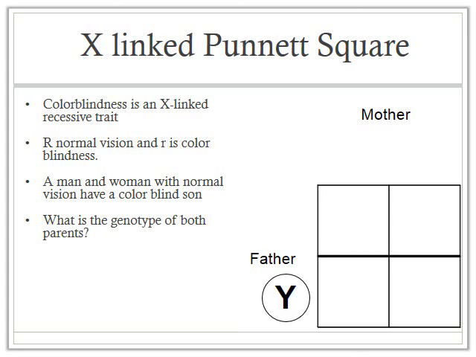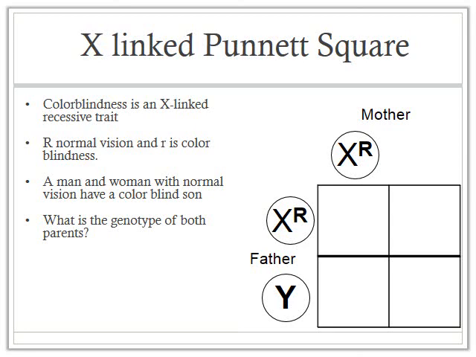So the mother, the father, we're trying to figure out their genotypes. Well, the father, we know, has a Y chromosome because he's a male. We know that he has an X big R because he has normal vision. We know the mother at least has to have one X with a big R because she also has normal vision.